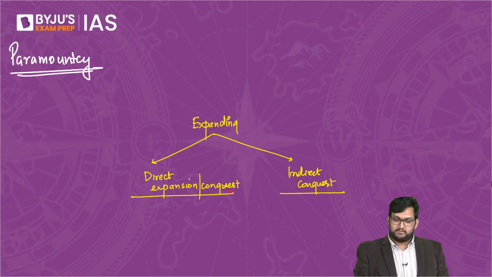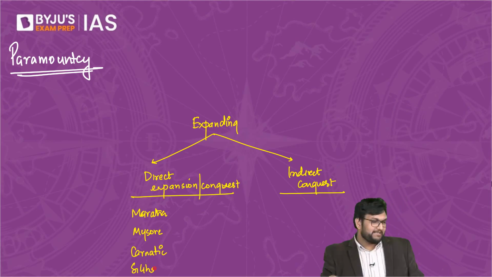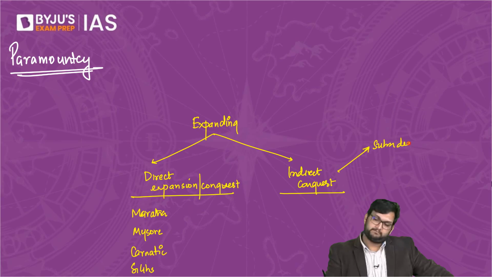The first type of expansion: Maratha, Mysore, Carnatic, Sikhs. And the second type, simple point, indirect conquest, is based on subsidiary alliance and doctrine of lapse.